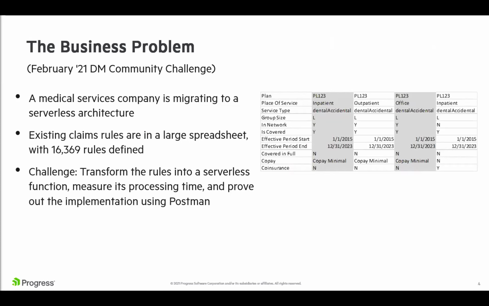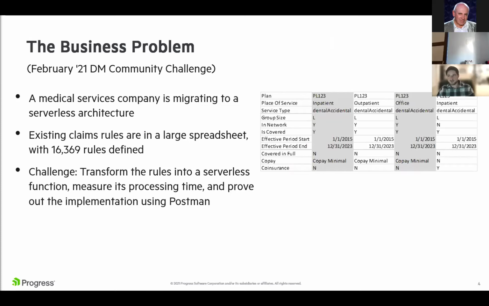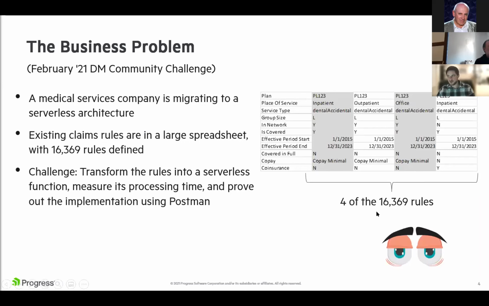So just to give a recap of the challenge itself, this was the gist of it. Essentially, we had an Excel table with a bit over 16,000 rules. You can think of each of these first four as just four of the first 16,000, where some of the values within those columns were going to be passed in, and some of those values were going to be produced when those conditions are met.